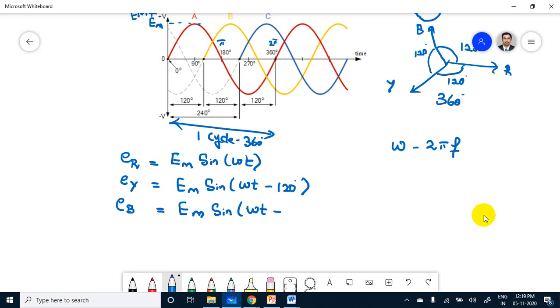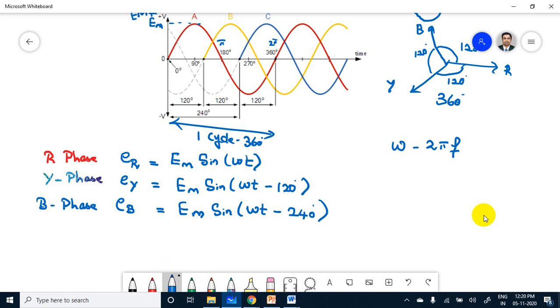For EB it is 240 degrees. So ER stands for R phase, EY stands for Y phase, and EB stands for B phase.